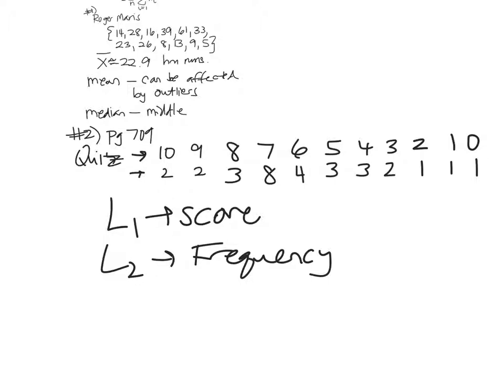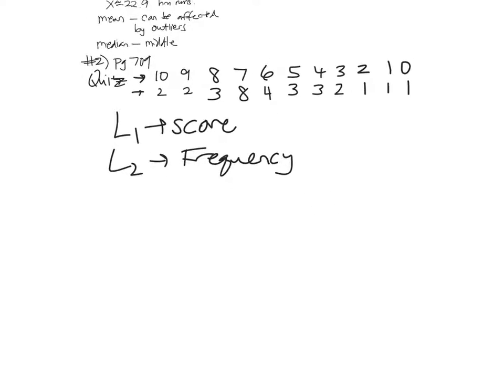So 10, 9, 8, 7, 6, 5, 4, 3, 2, 1, and 0. Someone got a 0. Okay, and then enter in their frequencies into L2. Make sure they match up at the end, and you didn't skip anything. So go ahead and get those in, okay? And you guys have fancier calculators than I do, a lot of you. Some of you don't, and that's okay.